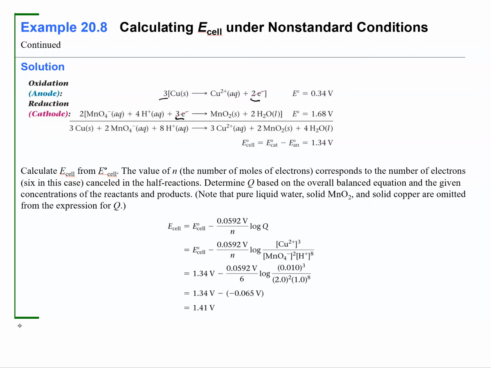So we're going to multiply everything by 3 up top and 2 on the bottom, and then we can cancel our electrons, and we're going to end up with 3 coppers, 2 permanganates, 8 protons on our reactant side, and then we're going to have 3 copper 2s on our products, 2 MnO2s, and 4 waters. And when we subtract the anode from the cathode potentials, we're going to end up with 1.34 volts.